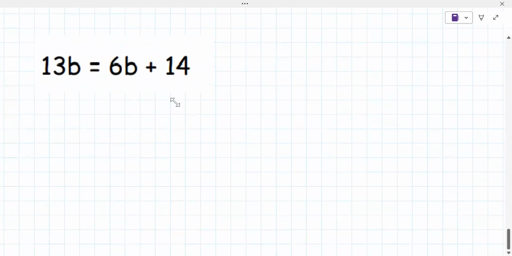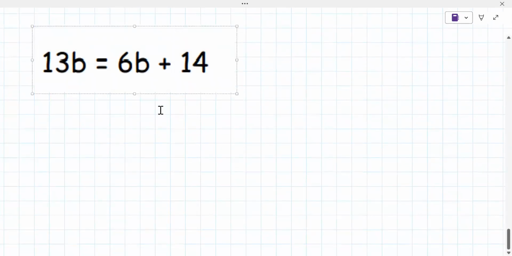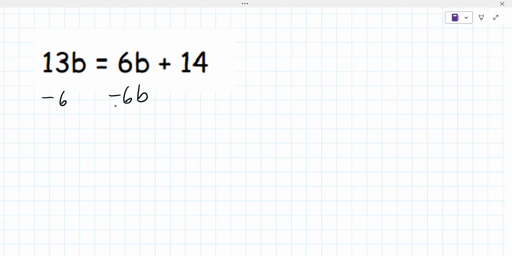All right, so let's look at a problem like this one. Should you subtract 13b or subtract 6b from both sides? Let's see. Which is smaller? 6. You subtract 6b from both sides.